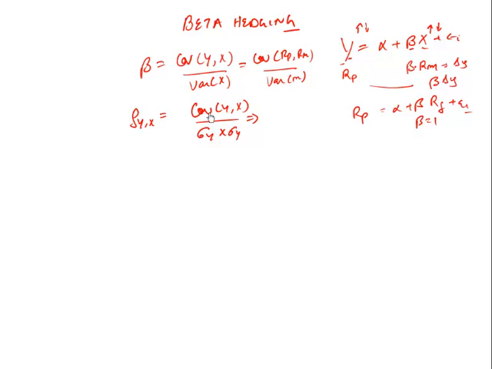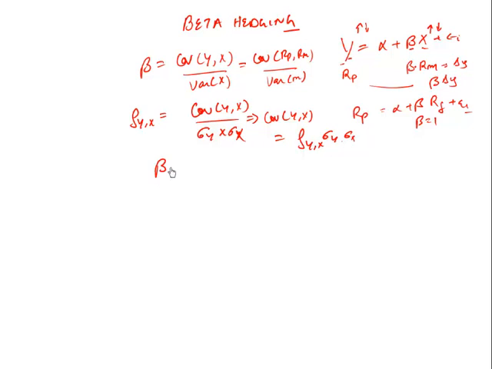So, if we rearrange this equation, we can write that covariance of y and x can be given as the correlation of y and x into sigma y into sigma x.